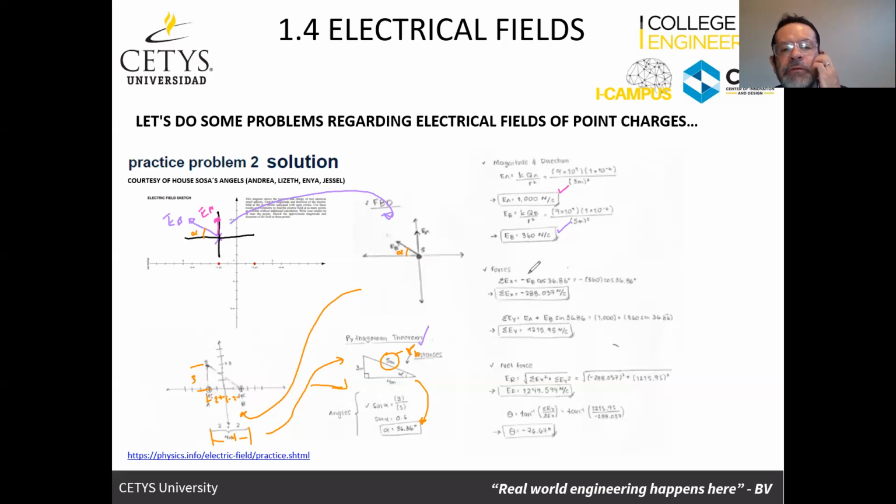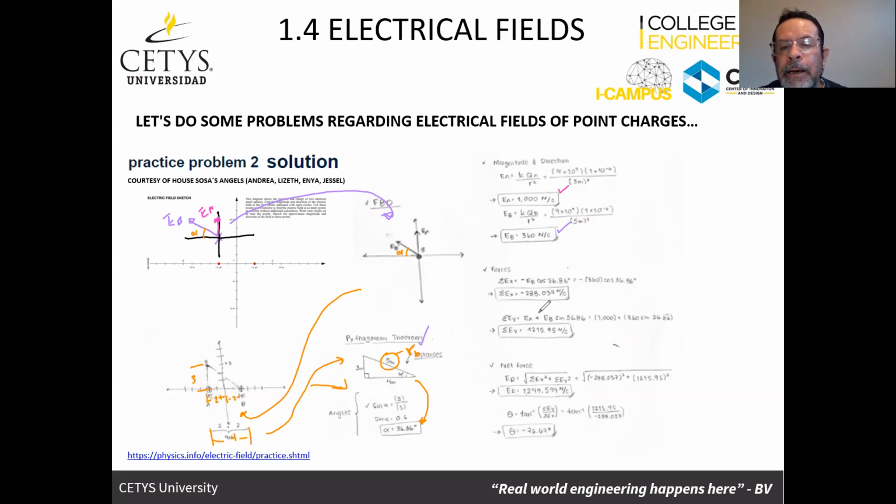And then we're going to have the sum of electrical fields in X. The only component that we're going to have in X is EB, because EA is aligned completely with the y-axis. So it's going to be EB cosine of 36.86, but that's going to the left, so it's going to be negative. And so that is going to be the resultant for X.